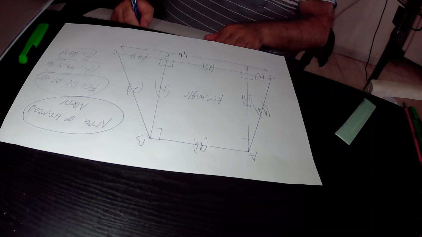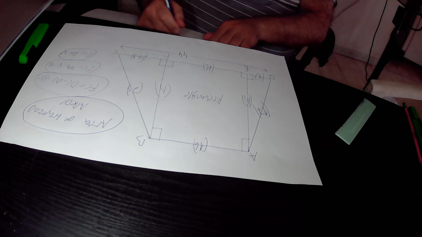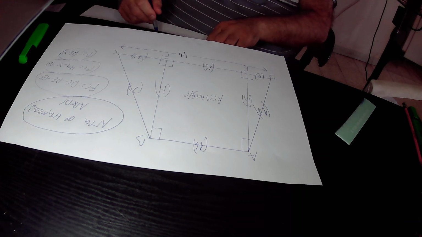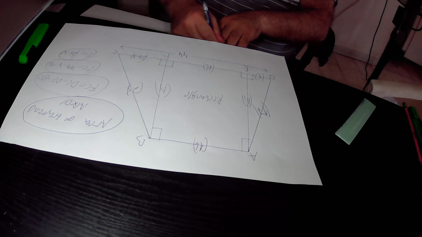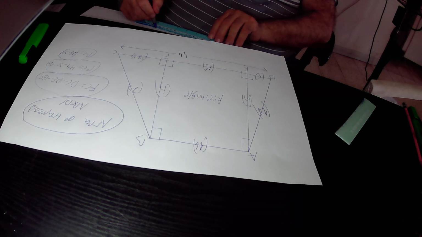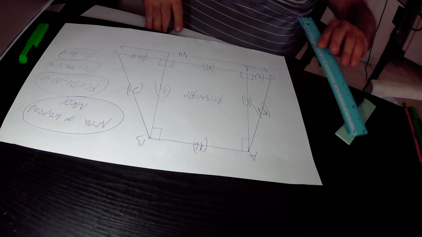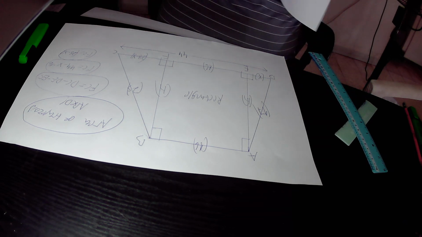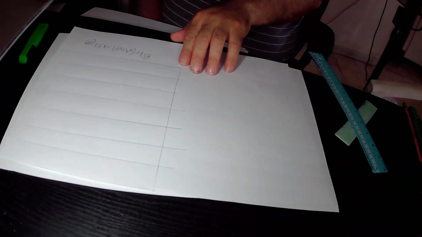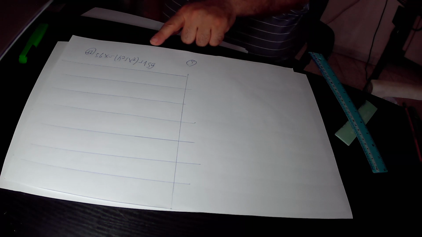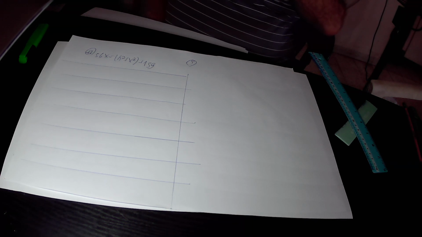So I repeat again, we actually found out that according to equation 2, 56x equals x squared plus x squared plus 159.